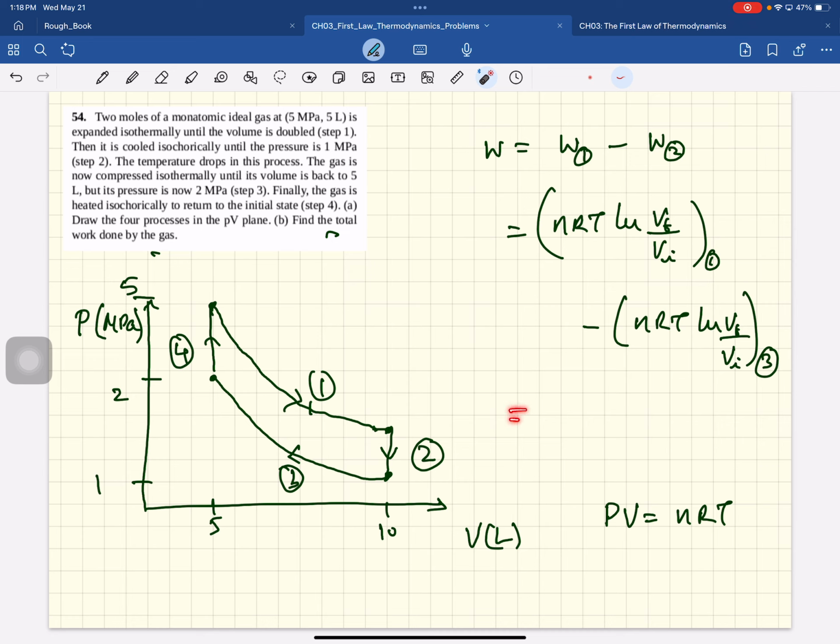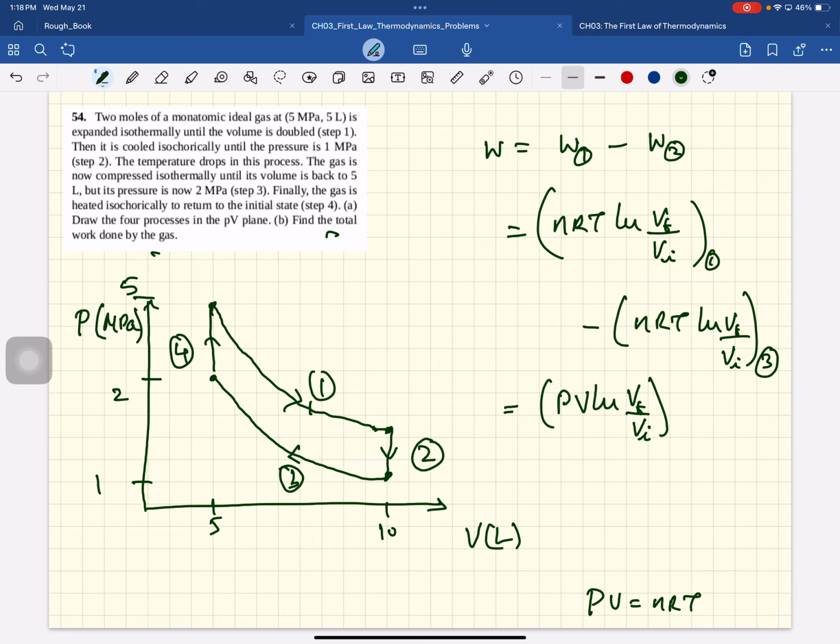I'm going to write it down here. PV equal to nRT. So this means PV log V final over V initial for process 1, minus PV log V final over V initial for process 3.